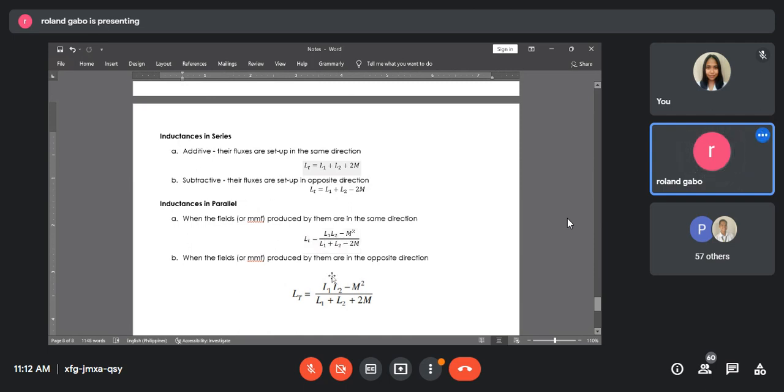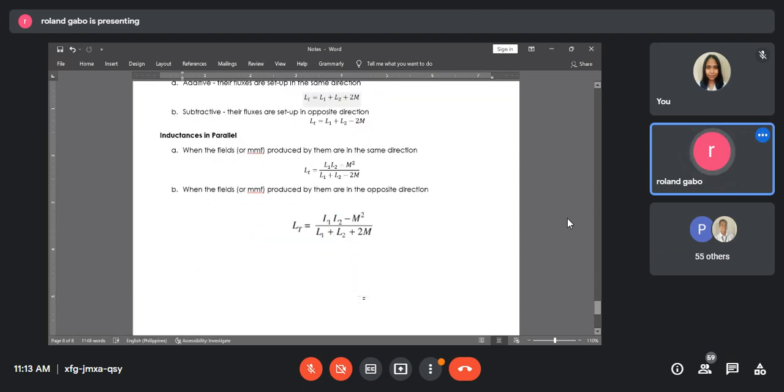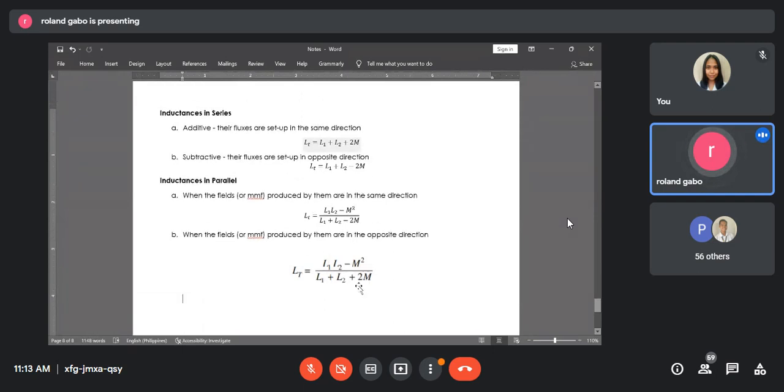So when the fields are in the same direction, minus 2M, unlike mo na ang subtractive, while ang parallel with opposite direction, when the fields are in opposite direction, so nahimo siyang additive kay parallel man. So L1 times L2 minus M squared over L1 plus L2 plus 2M. So that is your inductance in parallel.